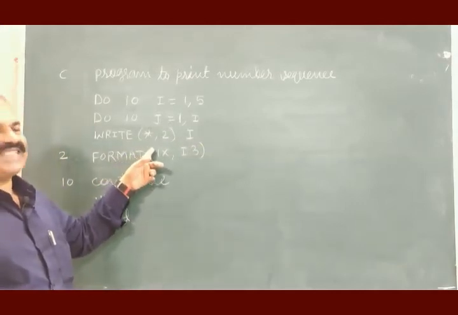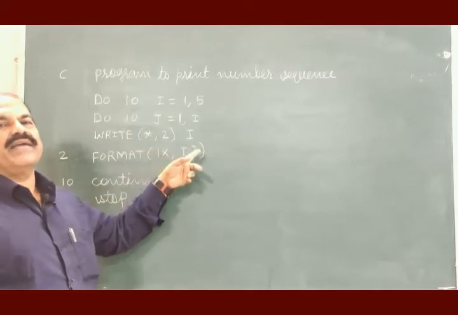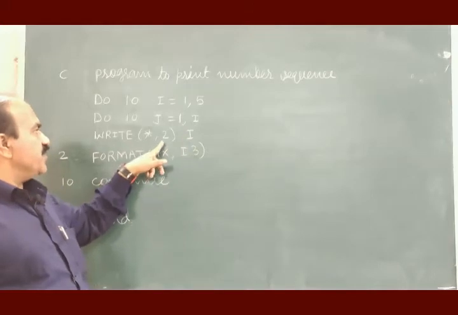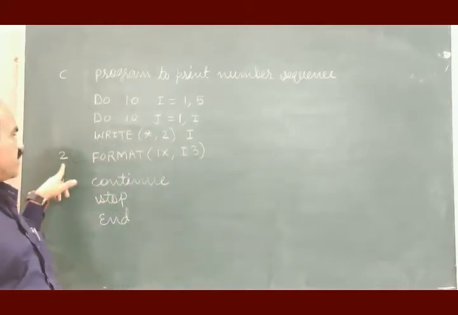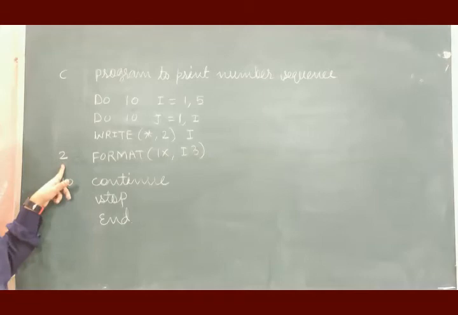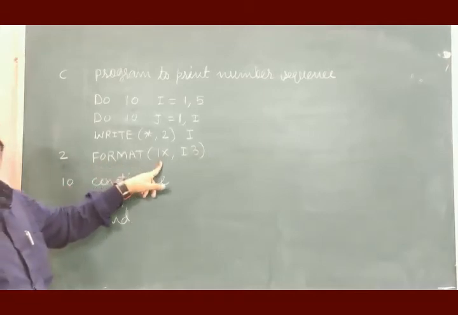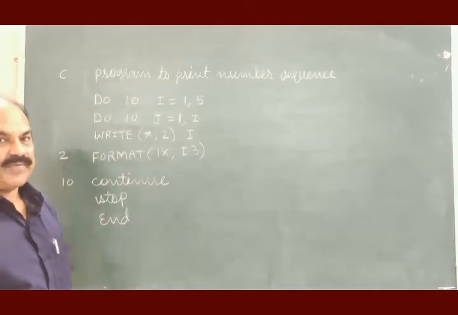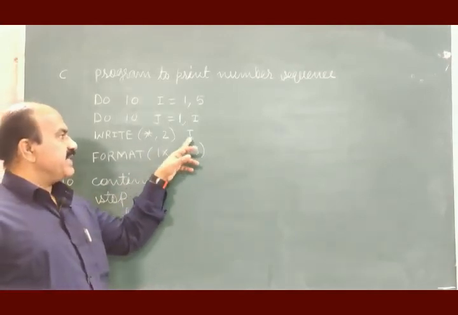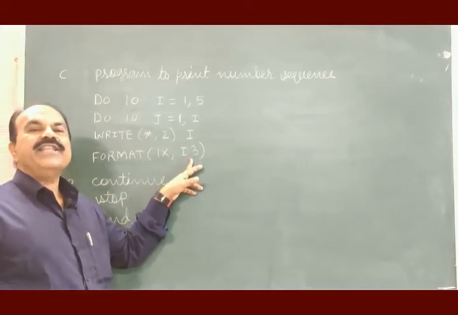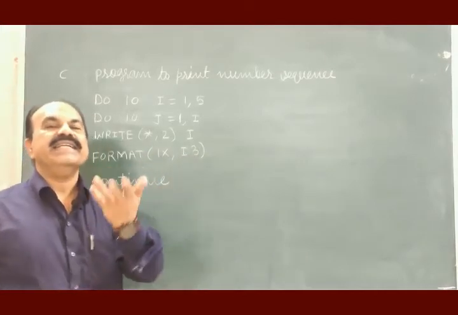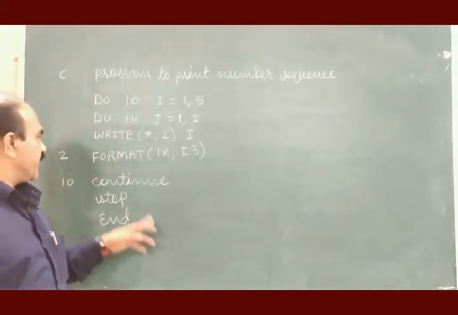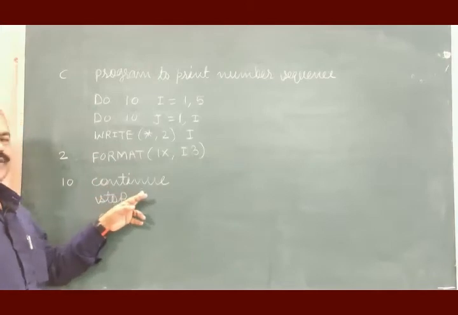Write asterisk comma 2I, that is, I have to print the value of I using format 2. And what is format 2? This one is format 2: 1X, skip one space, then print I in I3 form, in 3-digit integer form. Then continue.